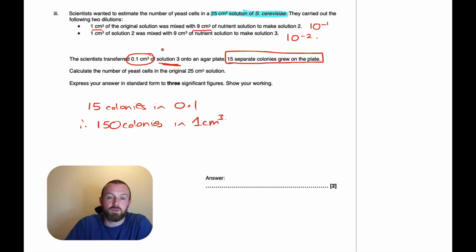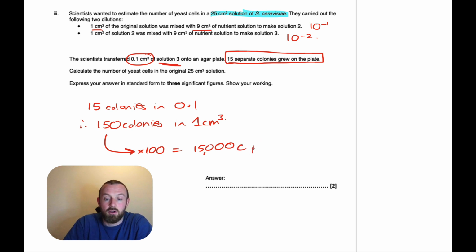So now we've got to the solution 3 colonies per centimetre cubed figure. And remember, this was a 10 to the minus 2 dilution, or 100 dilution. So we'd have to times this number by 100, which would equal 150, hang on a minute, sorry, no, that's wrong. 15,000 colonies, I'll just write C for colonies, per millilitre of the original solution.